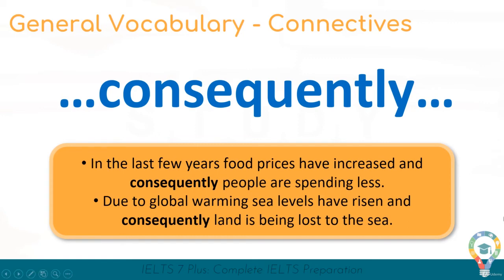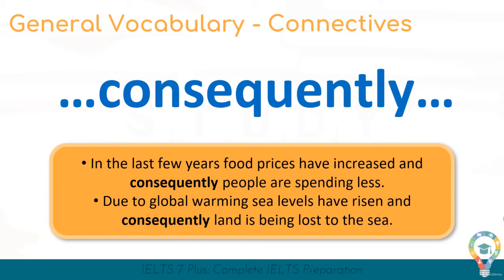And the next example. Due to global warming, sea levels have risen, and consequently, land is being lost to the sea. So we have this problem of global warming and sea levels. What's the effect of it? Consequently, land is being lost.